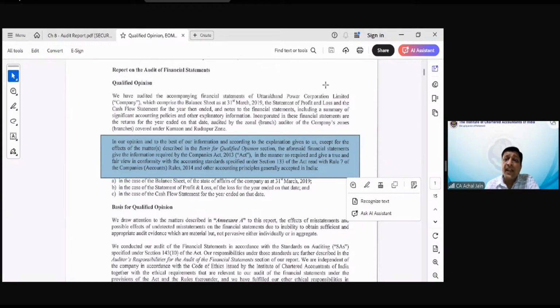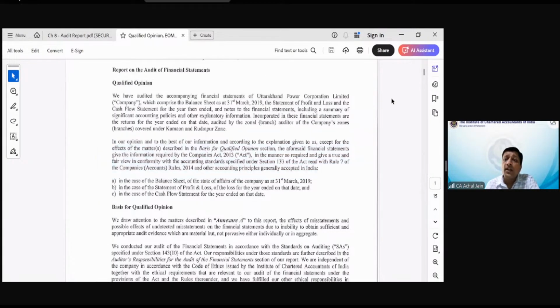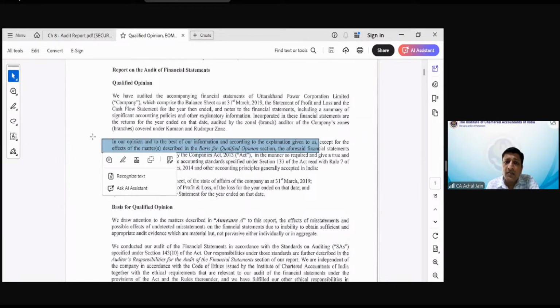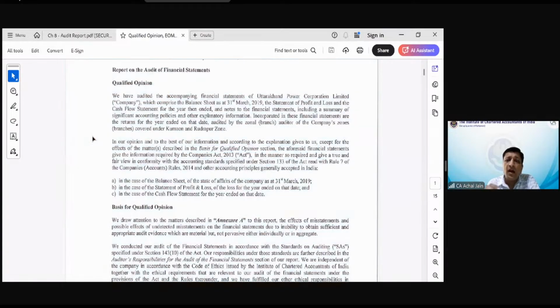So that's why, what did the auditor use? Auditor is saying except for some line items. He's saying except for the effects of the matters described in the basis for qualified opinion section.